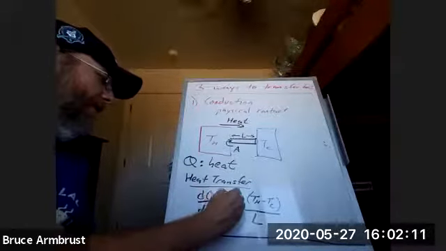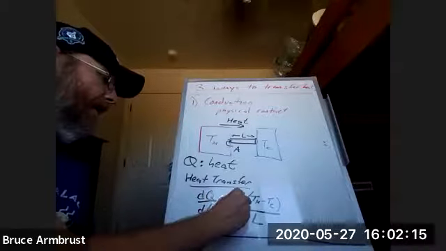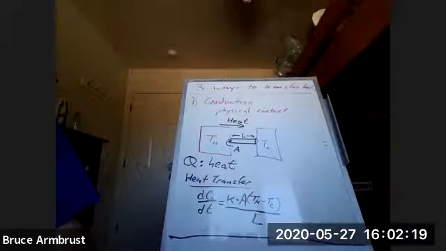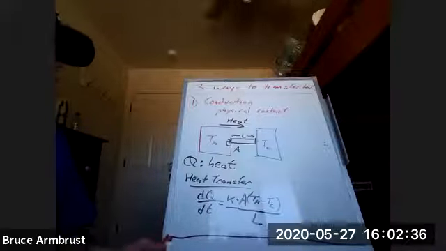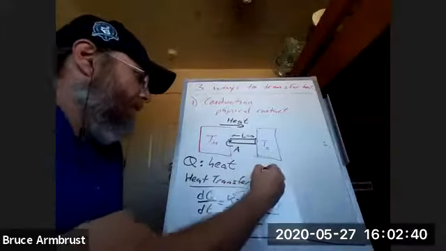It's going to be a K. So we'll have K times A times (T_H minus T_C). All right, so that K is what we call thermal conductivity, and it's a property of the object itself.